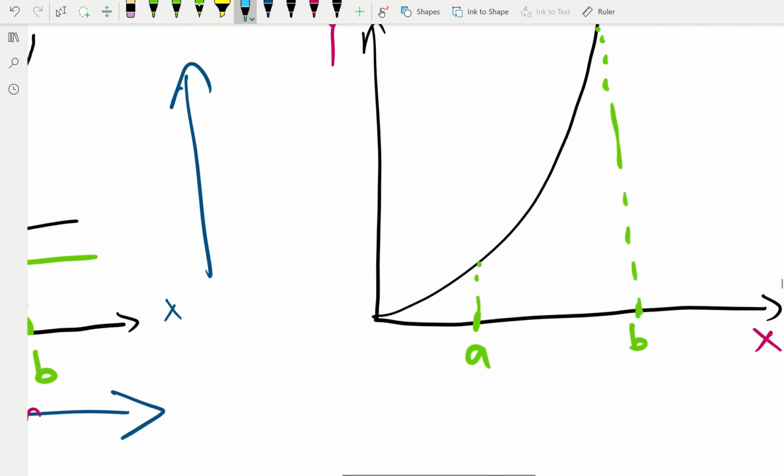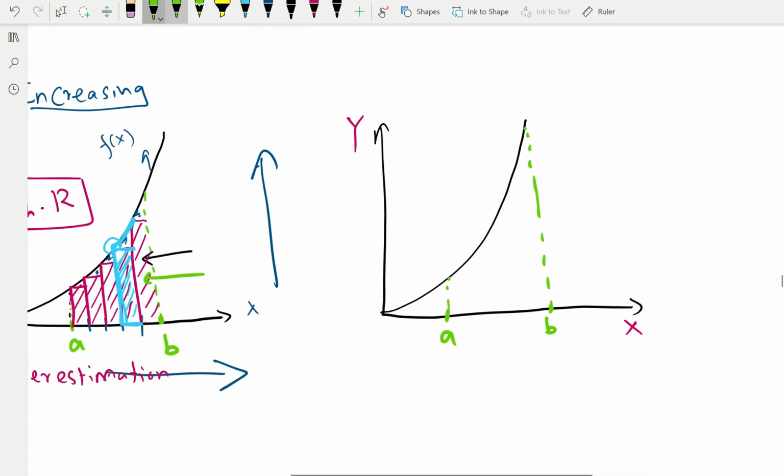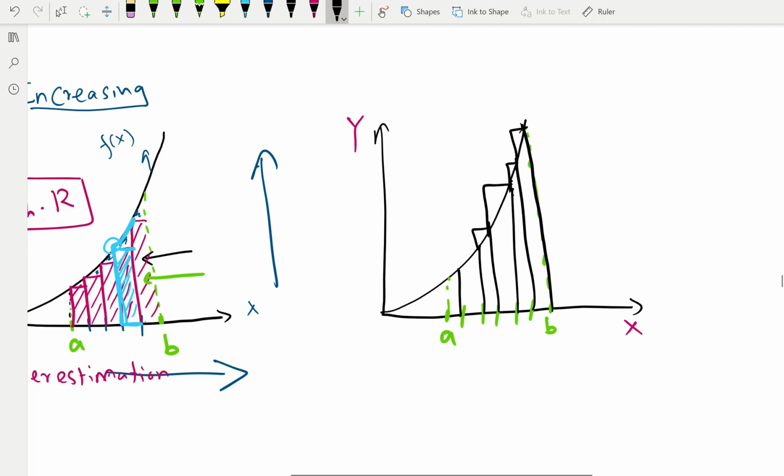Alright, let's say we have an increasing function again. Now shall we use the rightmost point? Let's create these subintervals. We are using the rightmost point, so that means we are using the right endpoint rule. You might have guessed what's going on. My rectangles are not beautiful, but if I create them, yes, you guessed correct, we get an overestimation.